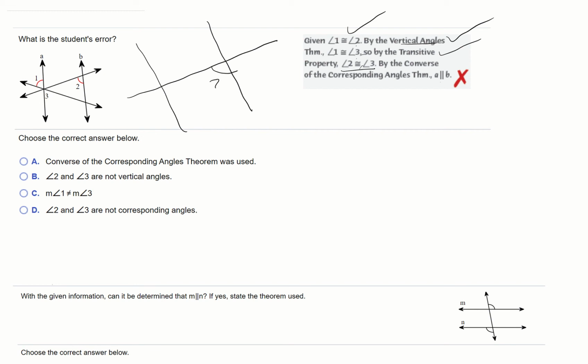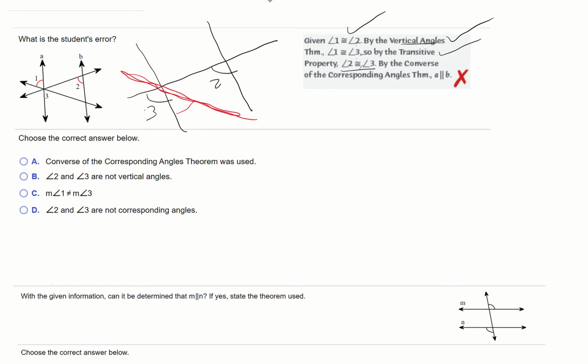If you had angle 2 here, then the corresponding angle would be this angle right here. And notice that this looks nothing like that, because you have this other line crossing here. They're saying that this is the corresponding angle to that, and that is incorrect.